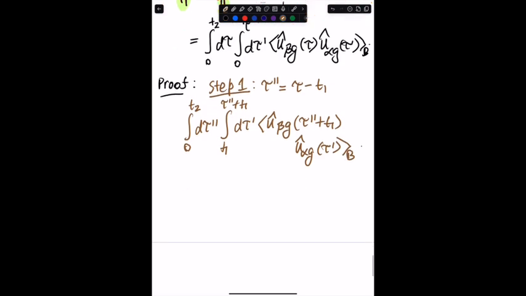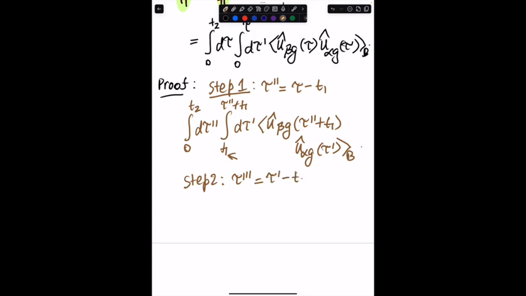Now you do the same thing. Step 2 is you want to quench this lower limit. To do that, let me introduce tau triple prime, which would be tau prime minus t1, because when tau prime is t1, tau triple prime would be 0. Let me write that down. And when tau prime is tau double prime plus t1, tau triple prime would just be tau double prime.